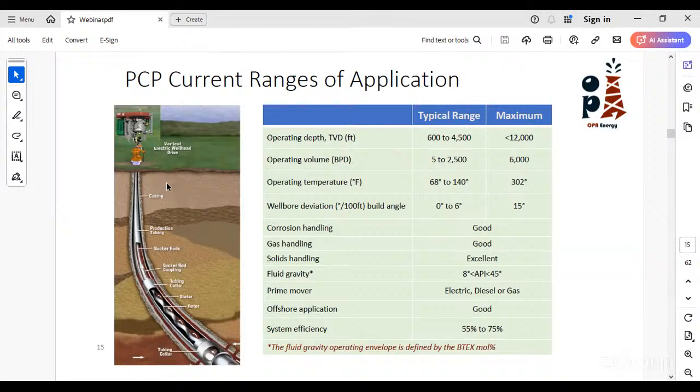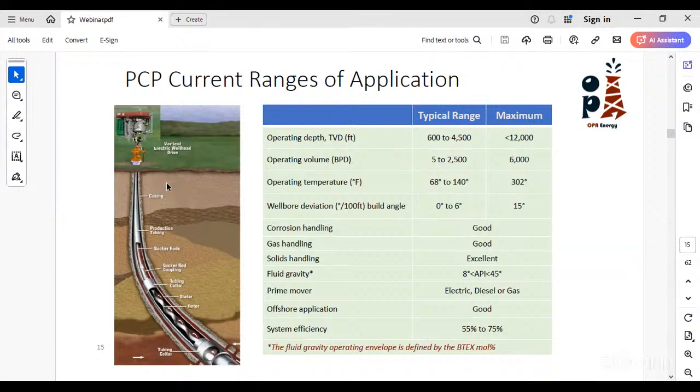The recommended maximum operating temperature is 140 degrees Fahrenheit. However, we have some special equipment to produce at temperatures like 302 degrees Fahrenheit. The wellbore deviation, or dogleg severity, can withstand up to 6 degrees per 100 feet.